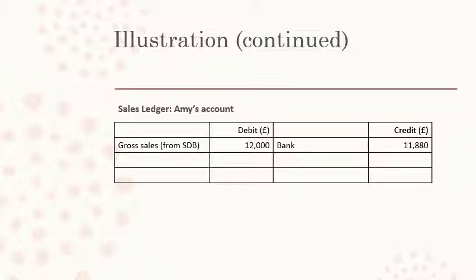Then when we receive payment, that payment of £11,880 will be credited to Amy's account, and the gross amount of that discount allowed will also be credited to Amy's account. And if we look, we'll note that the total of both debits and credits now comes to £12,000. And this indicates that there's nothing left outstanding on that gross sale, which is what should be the case.